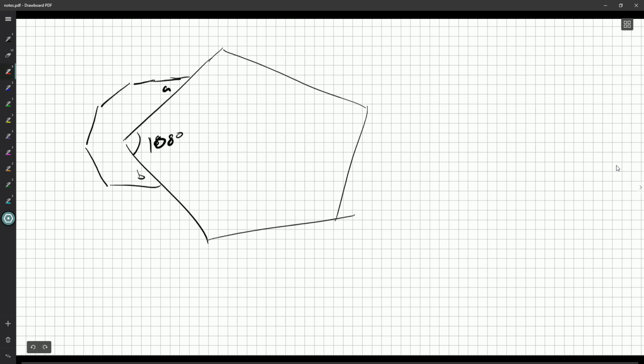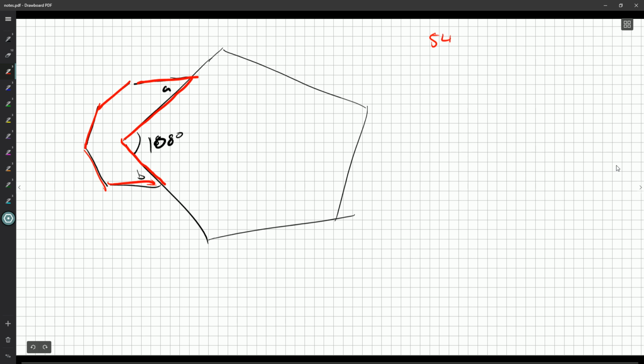Now, if I look at 1, 2, 3, 4, 5, 6, 7, I've got a 7-sided little red Pac-Man shape. So it's a heptagon. And what's the sum of the interior angles going to be there?